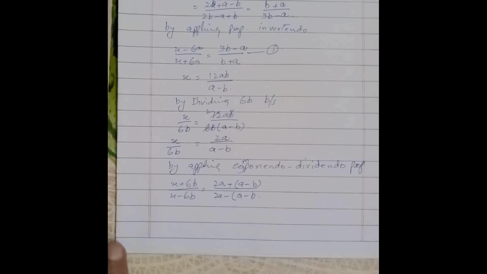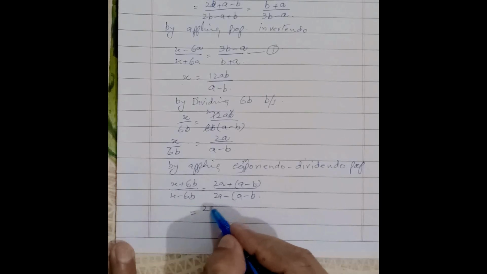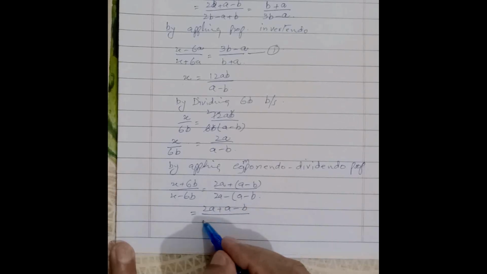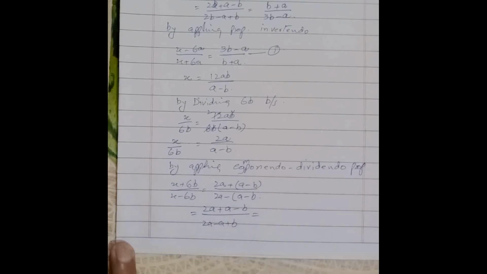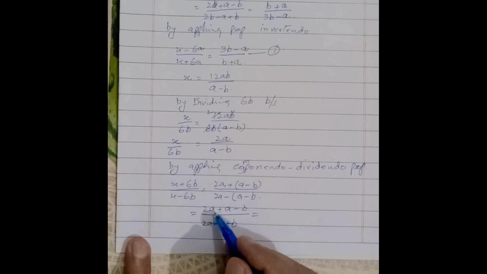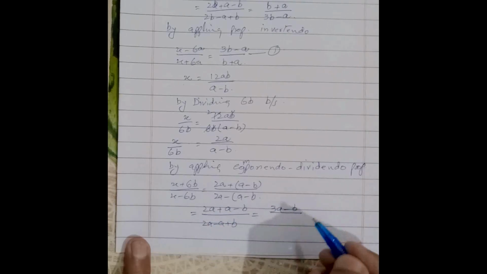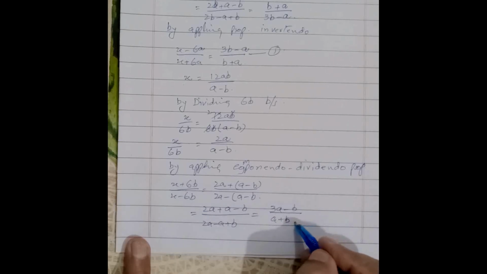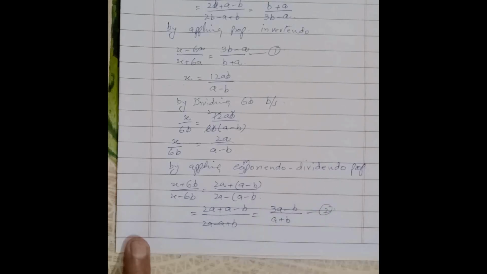Now we simplify the values. We get (2a plus a minus b) over (2a minus a plus b), and then simplifying, 2a plus a is 3a minus b, over 2a minus a we get a plus b, and this is equation 2.